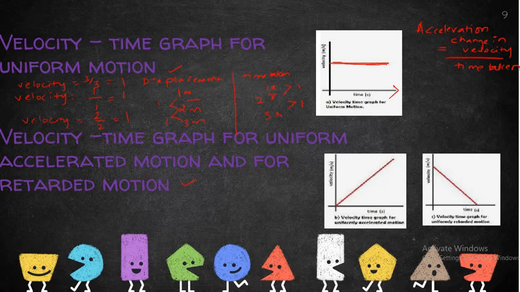If the velocity value is changing, we need to consider uniform accelerated motion. Why do I say uniform accelerated? Because the velocity that is changing keeps constantly increasing. Let me give one example for velocity and time.